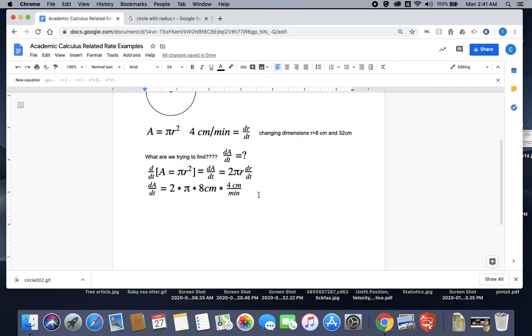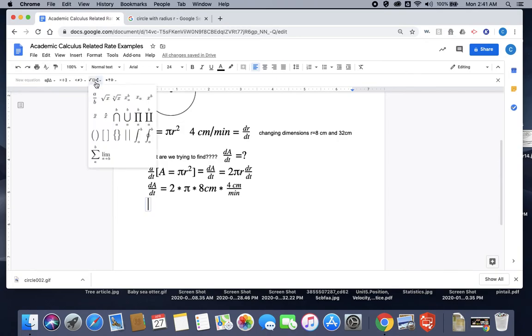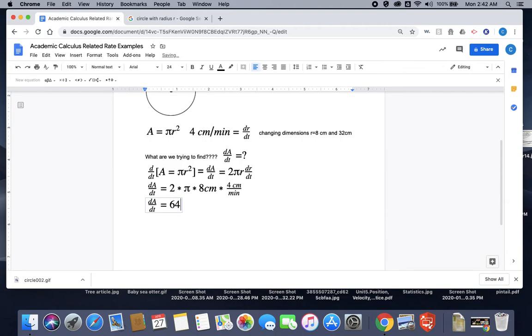So we'll hit enter, new equation, fraction. I know this takes a little bit of time to do. dA dt equals 2 times 8 is 16. 16 times 4 is 64. So we're going to have 64 pi.